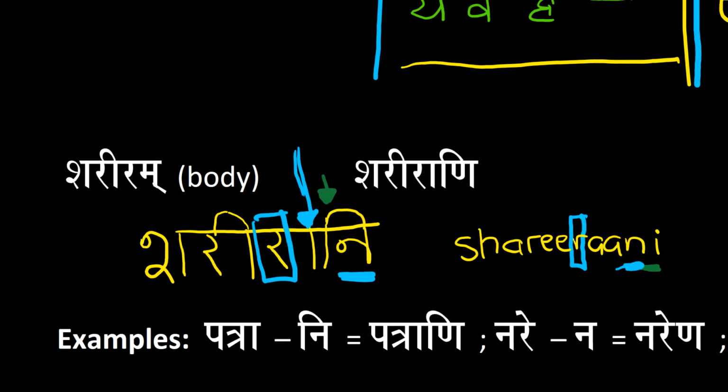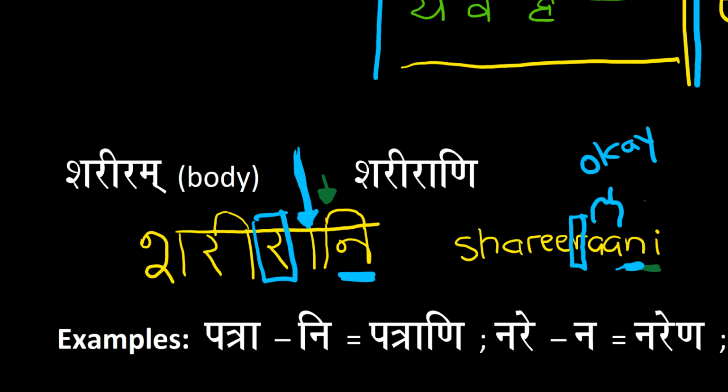In this scenario, our intervening letter is the vowel sign ah, so that's okay. So this is okay because our intervening letter still applies.